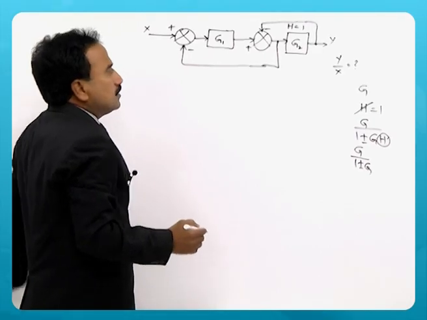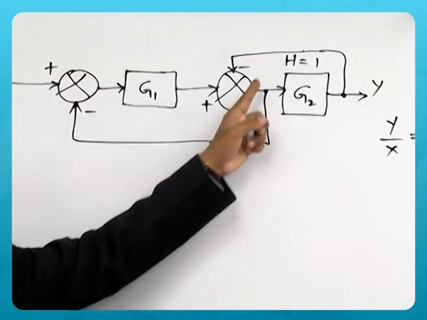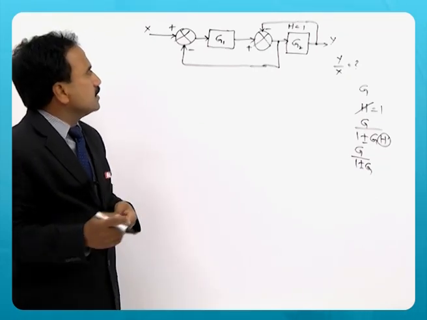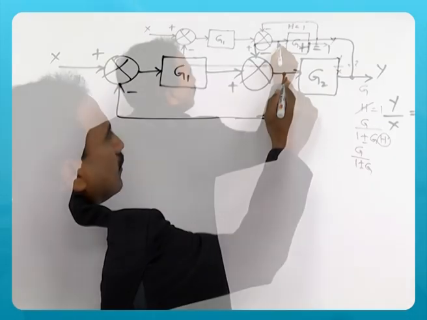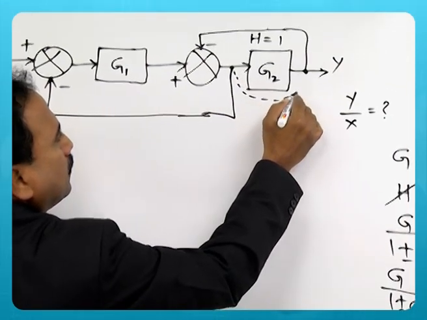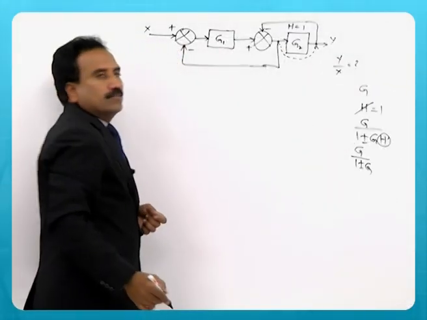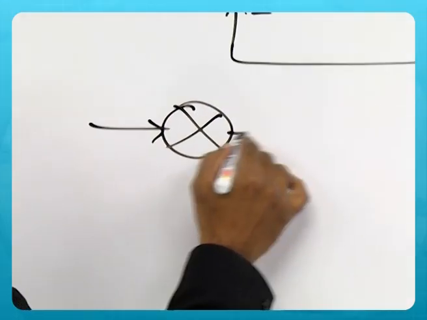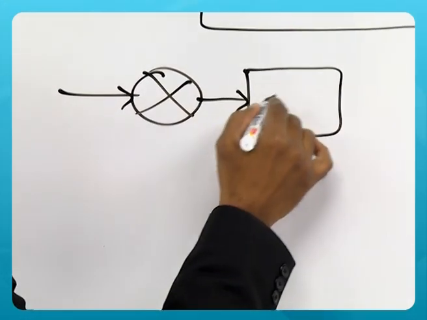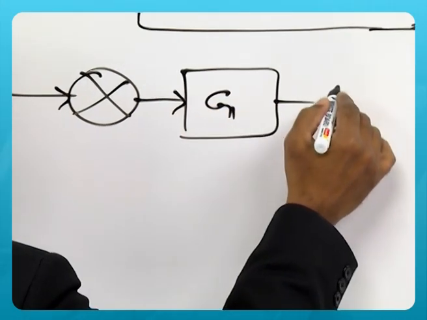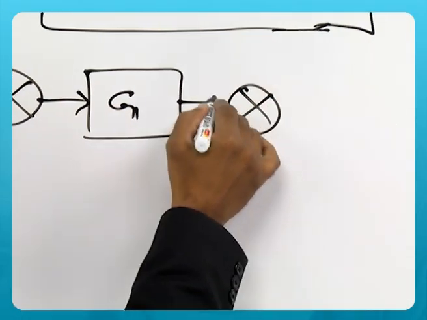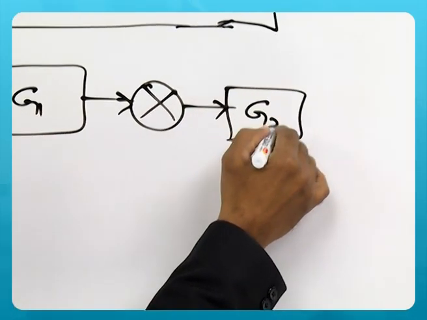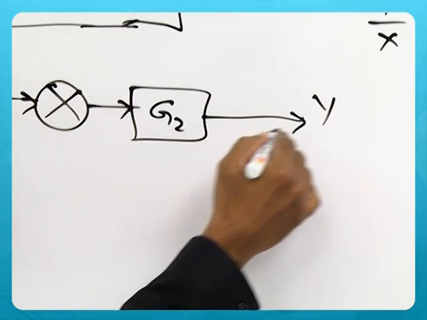So I must shift that takeoff point to after a block. There was a rule we have already discussed for shifting this takeoff point to after a block. So let us see now. You can see that the rest of the block diagram I have not changed. It remains the same, but only the takeoff point I have shifted to after a block.